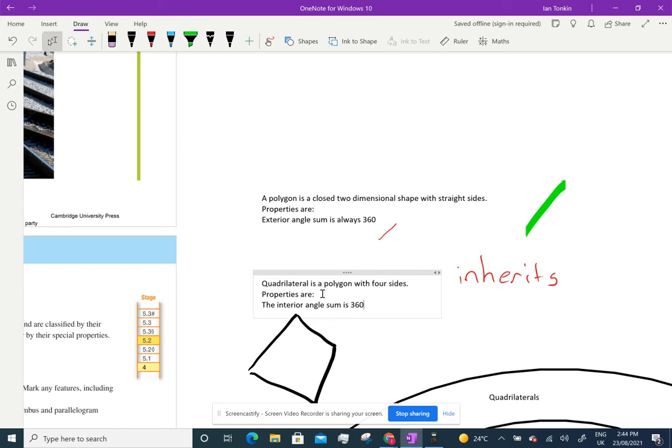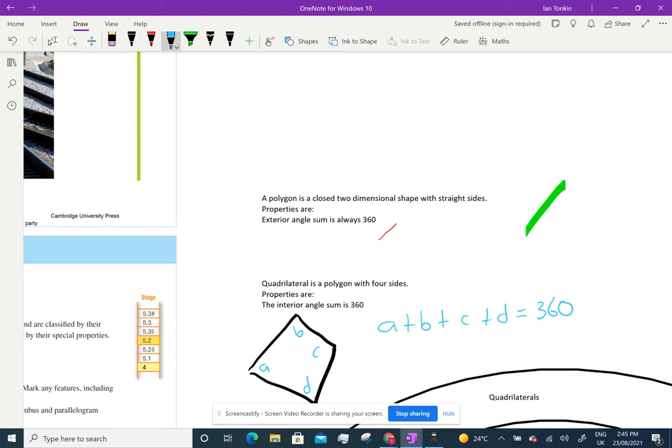And what does that mean? It just means that these angles, we'll call it A, B, C, and D. So A plus B plus C plus D equals 360.